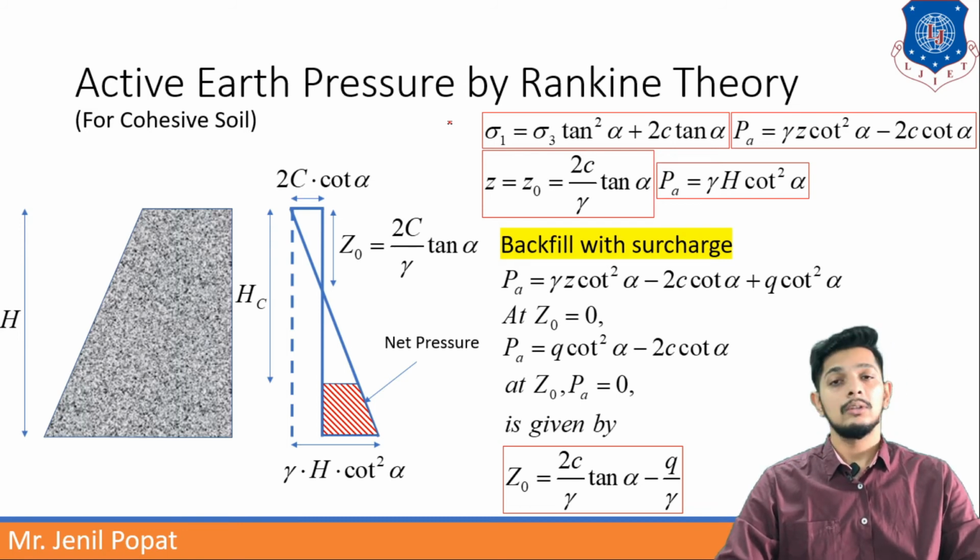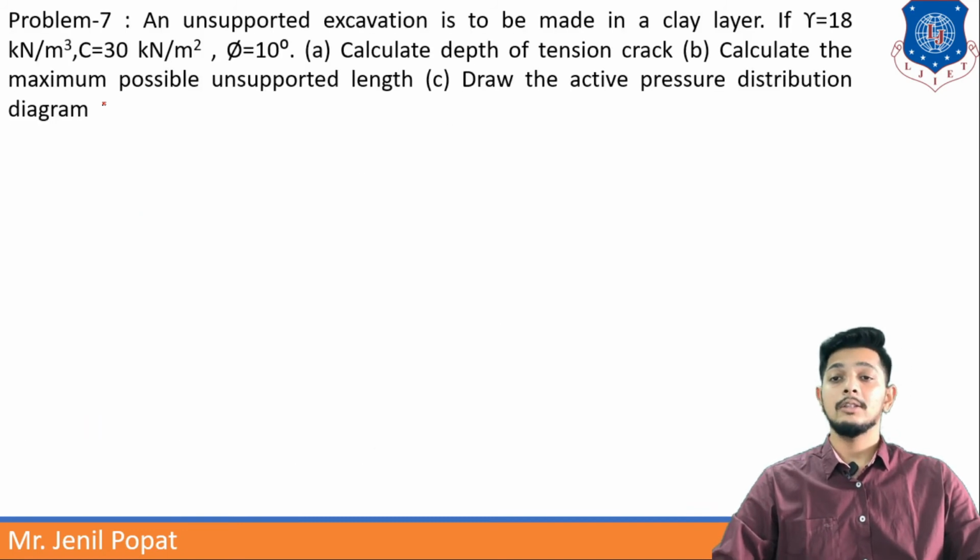Let us go to some numerical. An unsupported excavation is to be made in a clay layer. If gamma is equal to 18 kN per meter cube, C is given as 30 kN per meter square, phi as 10, calculate depth of tension crack, calculate maximum possible unsupported length, and draw active pressure distribution diagram. So we have to understand which is the case.